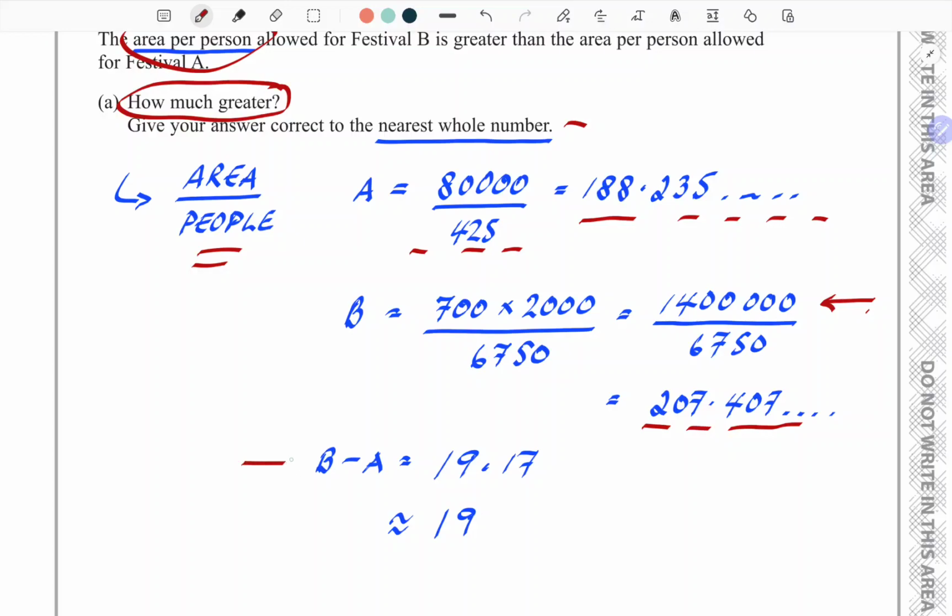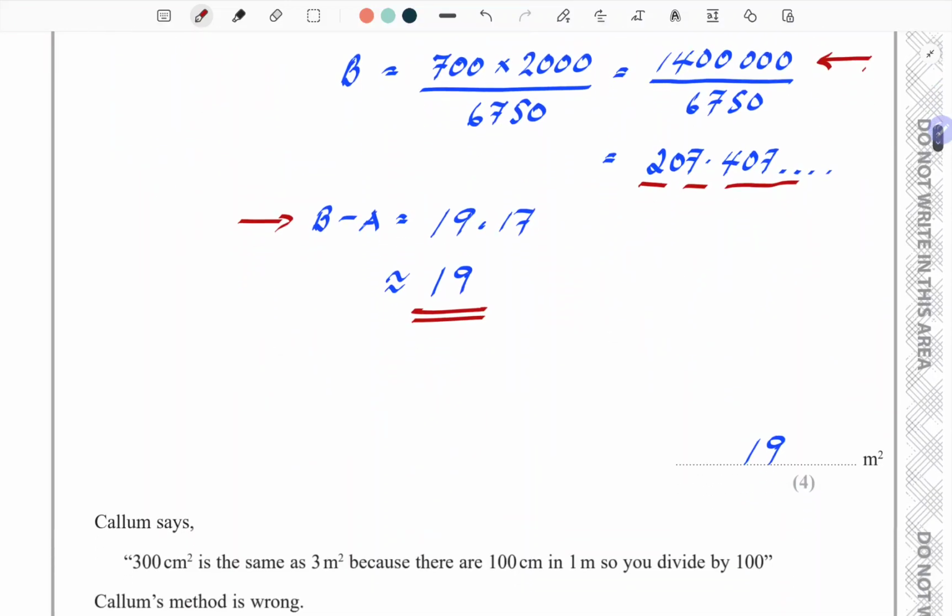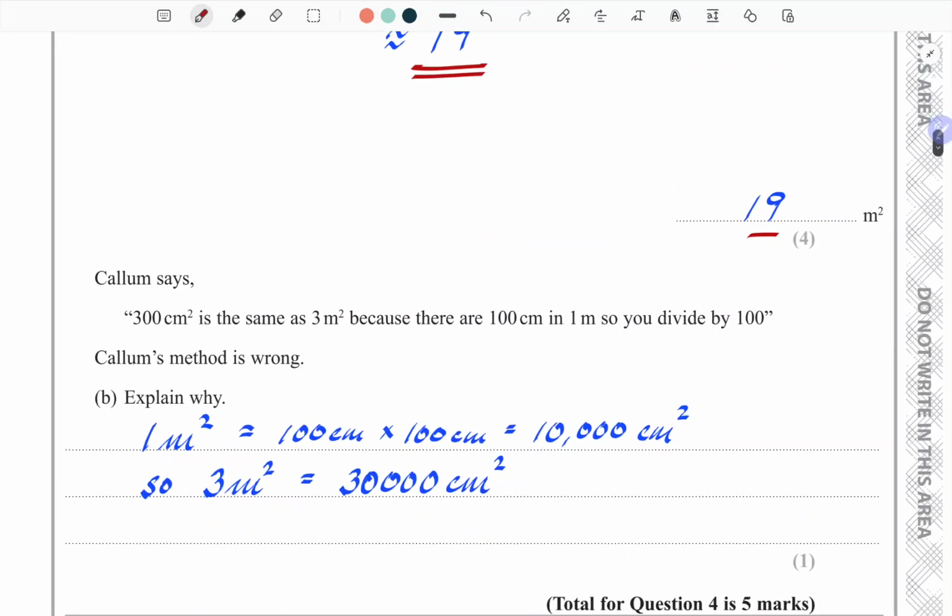So taking the difference, B minus A, it gives you 19.17, all right? And that, to the nearest whole number, remember, is 19. Right? So there's your answer, 19 square meters greater for Festival B. And then part B of the question is a statement. 300 square centimeters is the same as 3 square meters, all right?